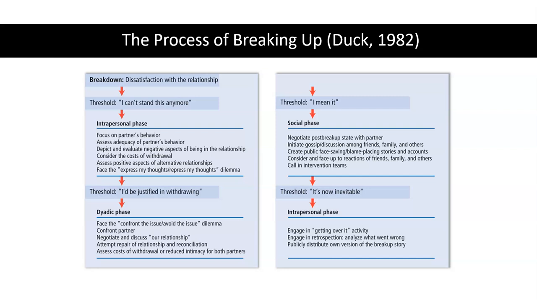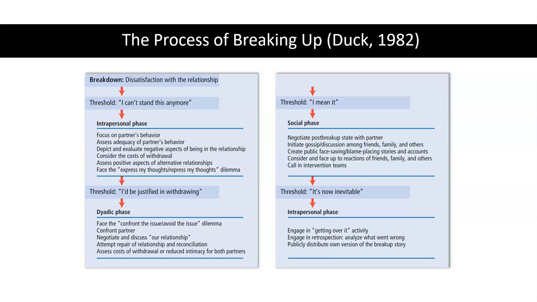Then you move into what's called a dyadic phase, where you confront your partner in clear terms, not in coded language, not in kind of poking and prodding, but you confront the partner, and tell them that you're not happy. That may move in the direction of discussing the relationship, maybe some negotiating.